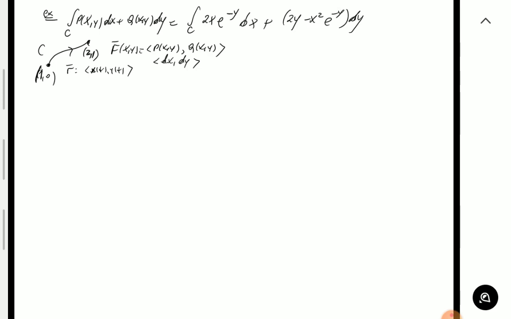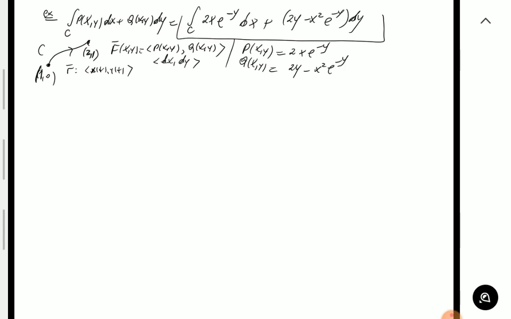So sometimes you can have the integral given in this fashion from the beginning. In that case, be careful to identify immediately which portion stands for the first component of the vector field, P of x,y. It's the one that is multiplied by dx. And the second one, in this case, is 2y minus x squared e to the minus y.